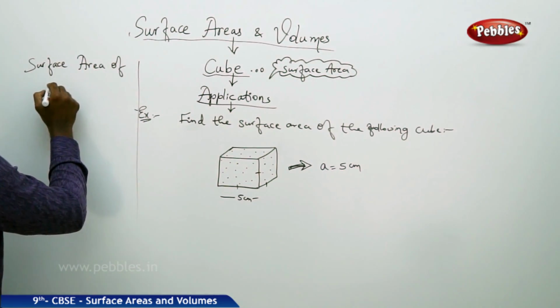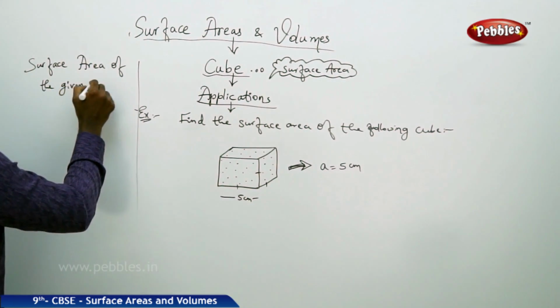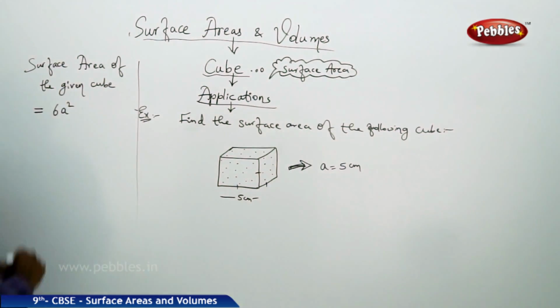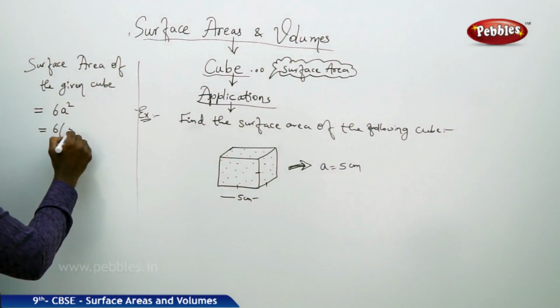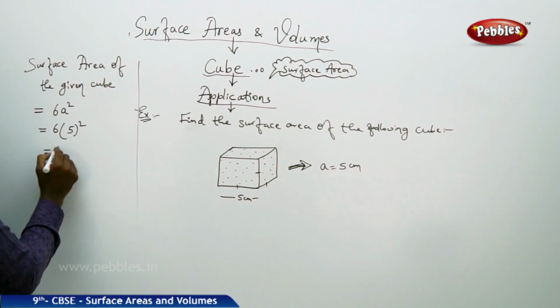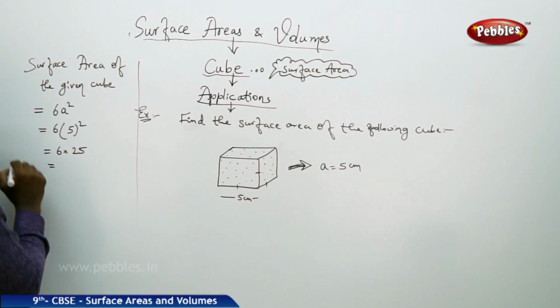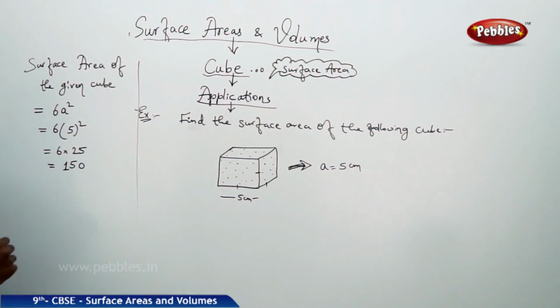surface area of the given cube is 6a square, formula 6 times a square, which is 5 square, and 5 fives are 25. 25 sixes are 150.